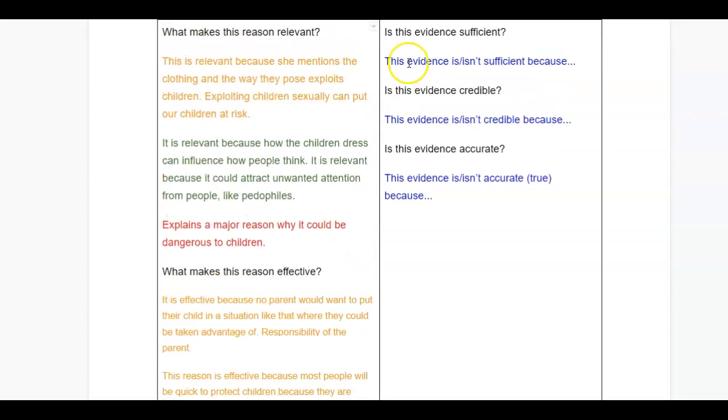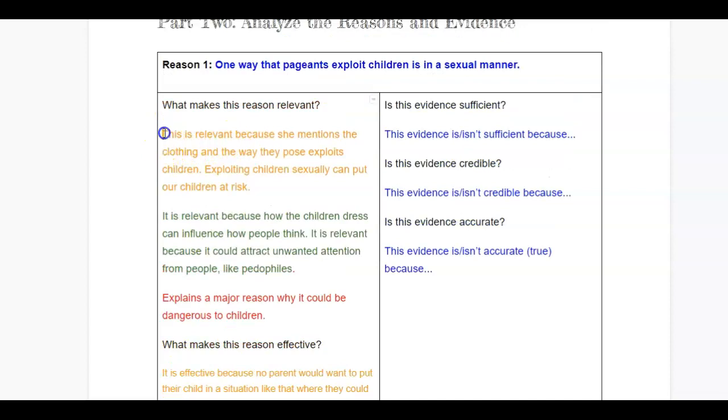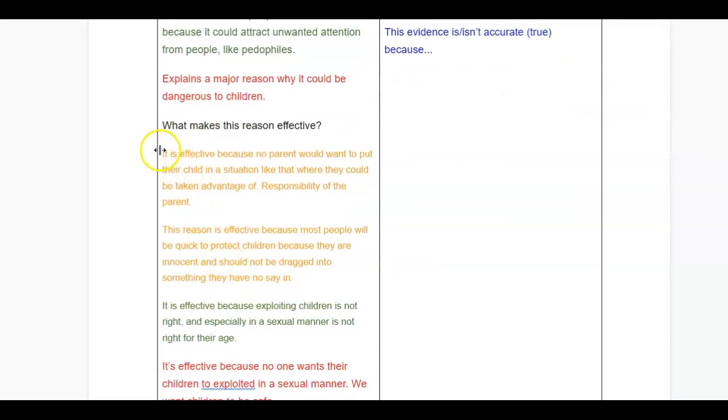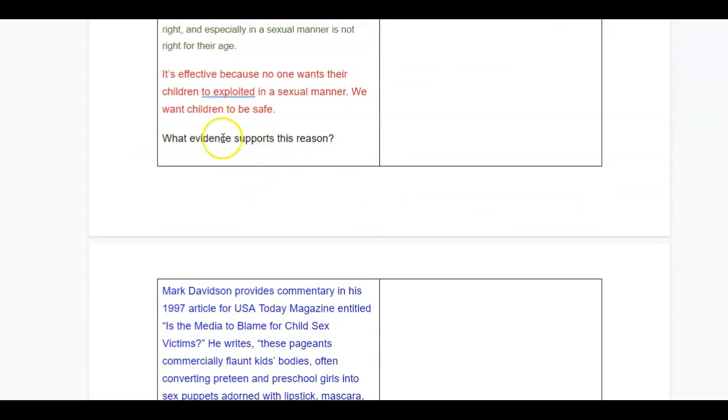Okay, so you're just using the questions and your responses as your sentence stems to write your paragraph. So if you already did that, I could copy and paste this into my paragraph. And then I would need to introduce this idea because all I did here was paste my evidence. So I could say the evidence she used was, and paste it in.